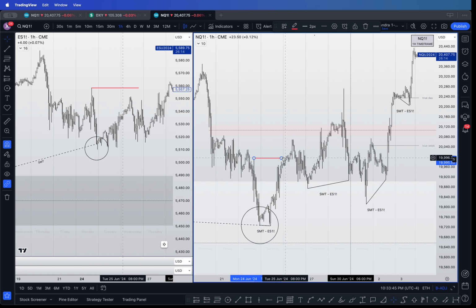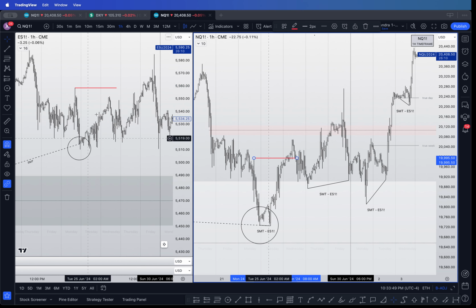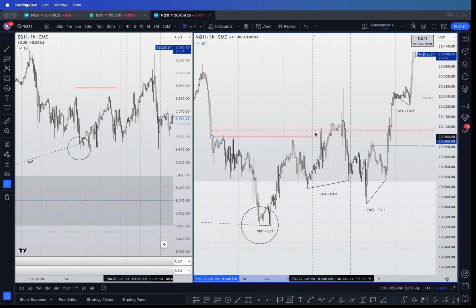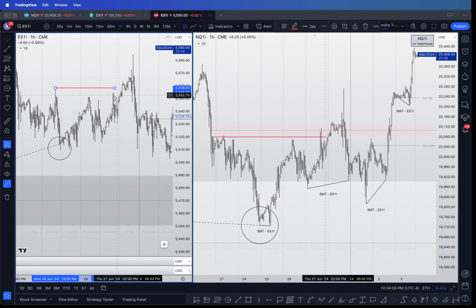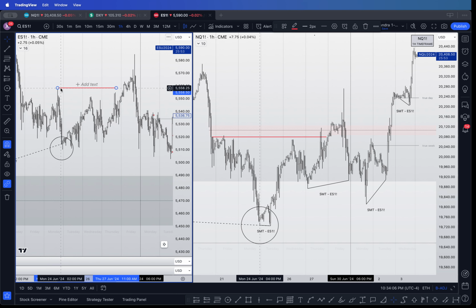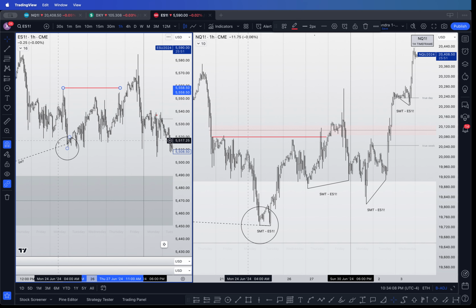And it trades into that high and into its liquidity target much before the ES does. As you can see, when the NASDAQ eventually sweeps out the LRLR that it created, at this point, the ES is still trading below that high resistance liquidity run that was formed with this breaker.